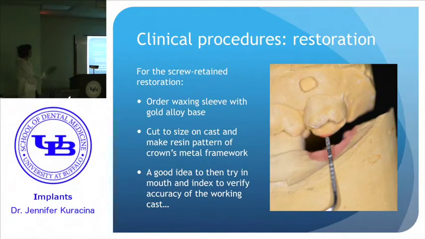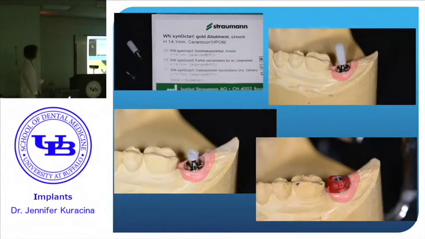But basically what you're going to do is order a waxing sleeve with a gold alloy base. You'll shorten it, and it's really a good idea to try, well, I'll show you what I recommend here. This is the component that you would order. This is what it looks like.